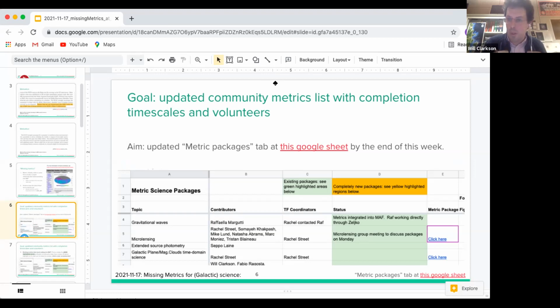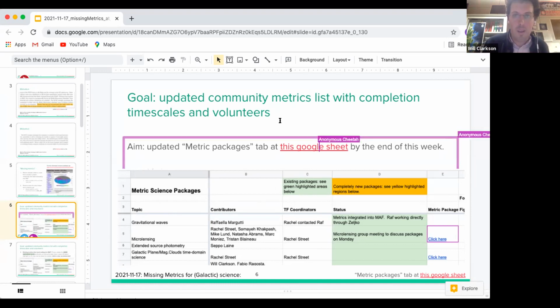And one of the goals of this session is so that by the end of this week, the tab in that spreadsheet that's organized by science area will have useful, up-to-date information that the SIMS team can use to help the community, and that the community can use to help the SIMS team. So we can meet in the middle and get that done.